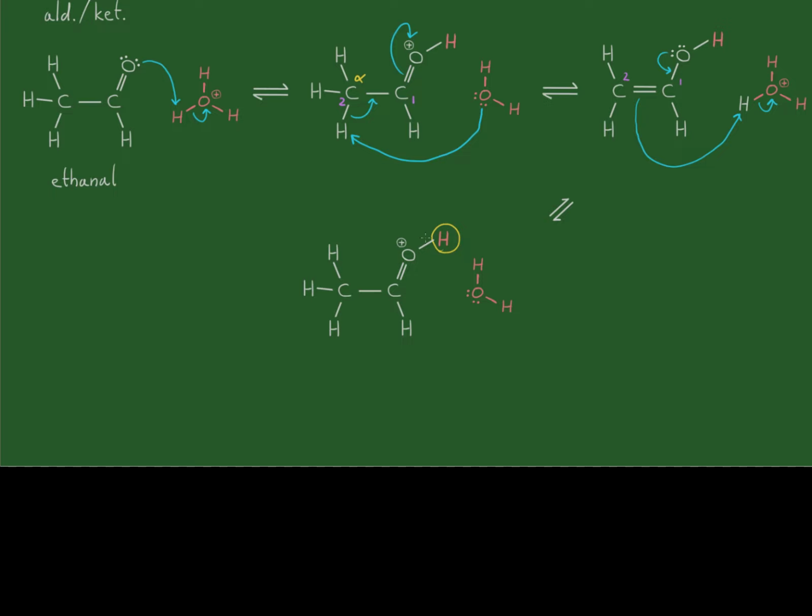So that means that the electrons that make up the bond between the oxygen and the hydrogen will end up on the oxygen of the carbonyl, and the lone pair electrons of the oxygen on water will be attracted to this proton here in yellow. And when all is said and done, we are back at our ethanal, and we have also recovered our protonated water that helped us start the whole process in the first place.